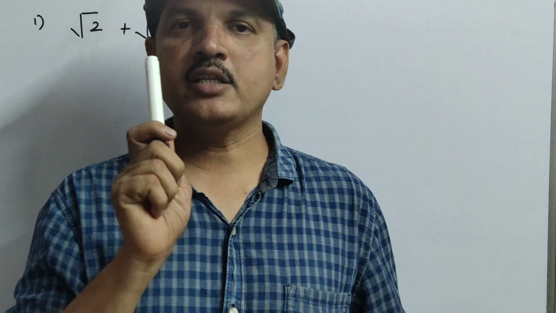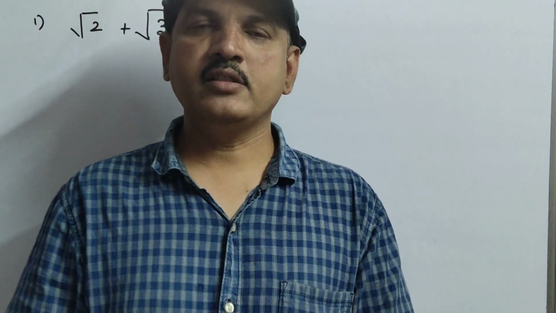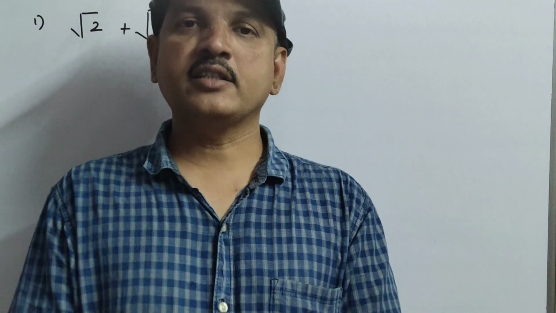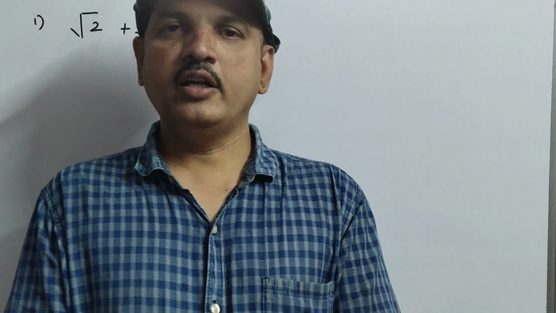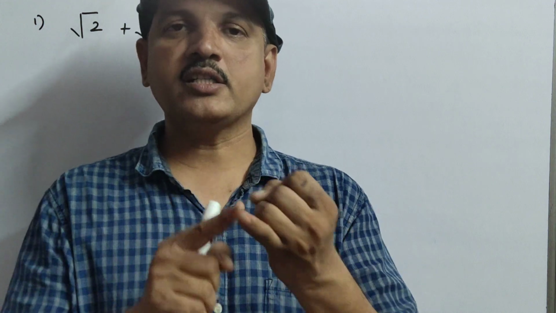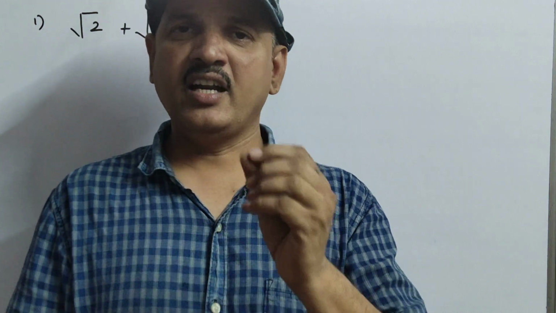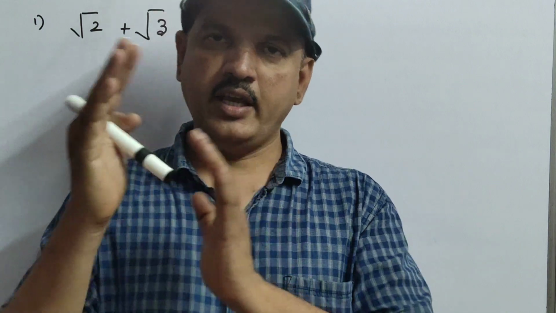But where you commit a mistake is in multiplication, not in addition and subtraction. When to add? Only if they are like terms. If they are like terms, only then can we add or subtract. We can only simplify when they are the same terms. When you are doing addition and subtraction, only when they are like terms can you solve the problem very easily.